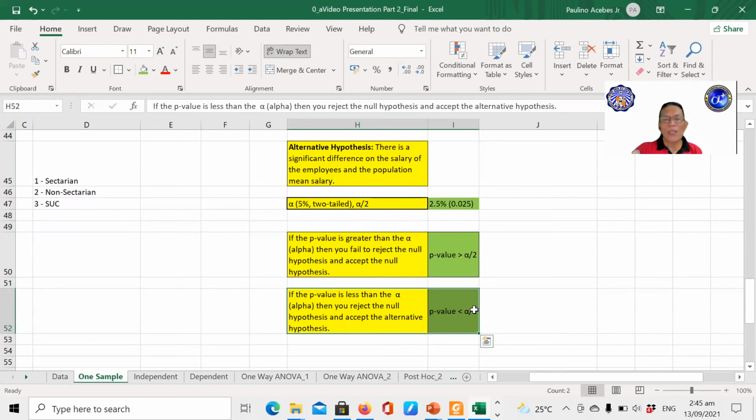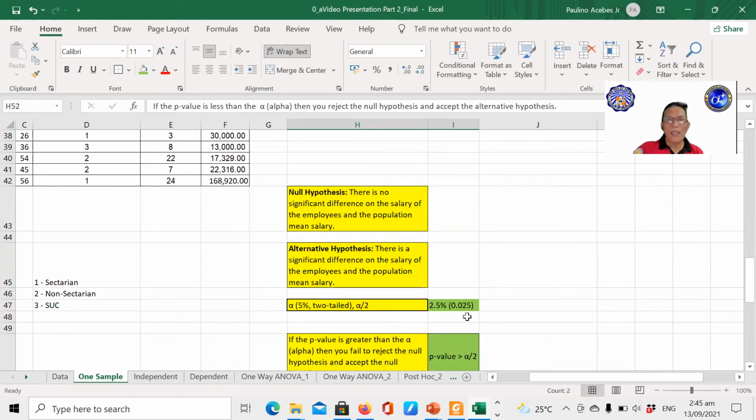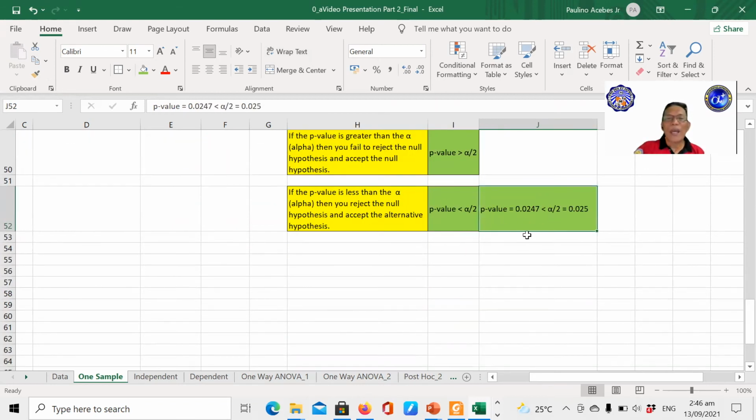We notice that the p-value is less than the alpha. The p-value is 0.0247 and the alpha over 2 is 0.025. So we say that the p-value is less than alpha over 2.